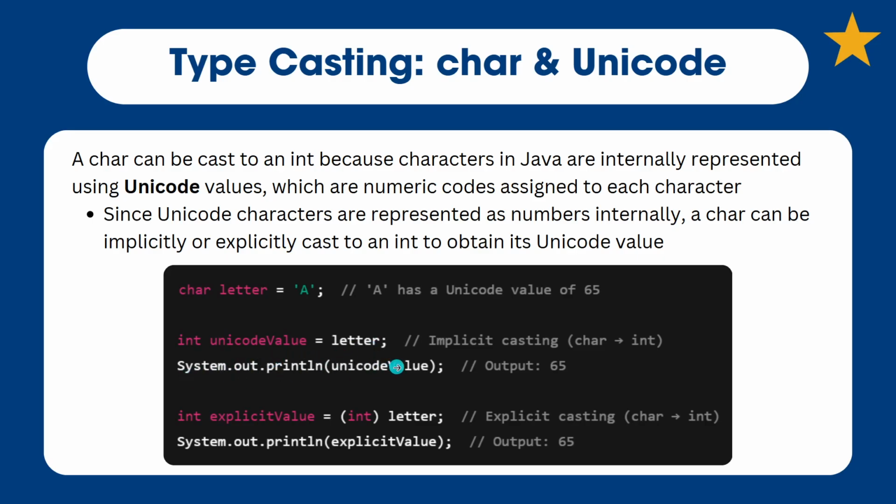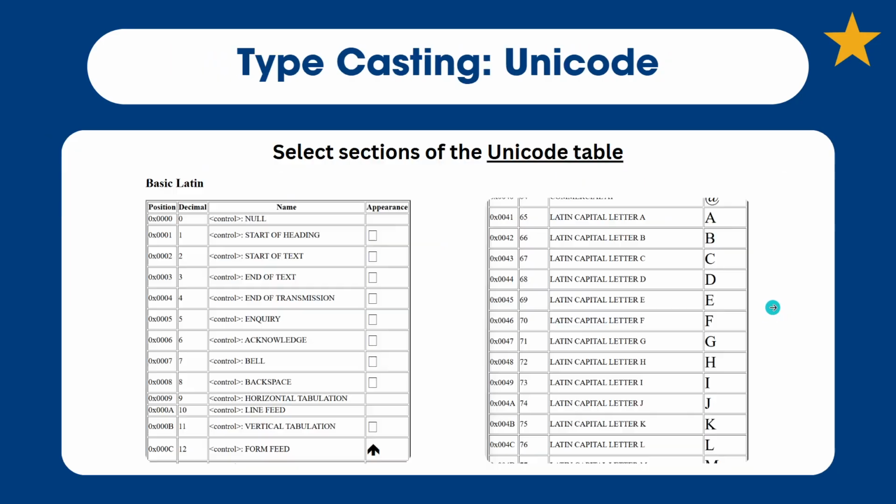And when you print out the value, to test out what's inside of unicodeValue, it's going to output 65. Because that is the number in the Unicode table. It's a table of values that represents the uppercase A. You could also do explicit casting, and it'll have the same effect. It'll print out 65, because 65 is the number that represents the uppercase A.